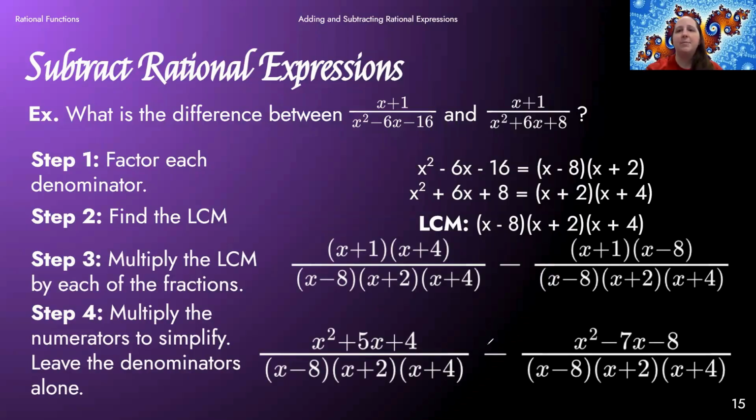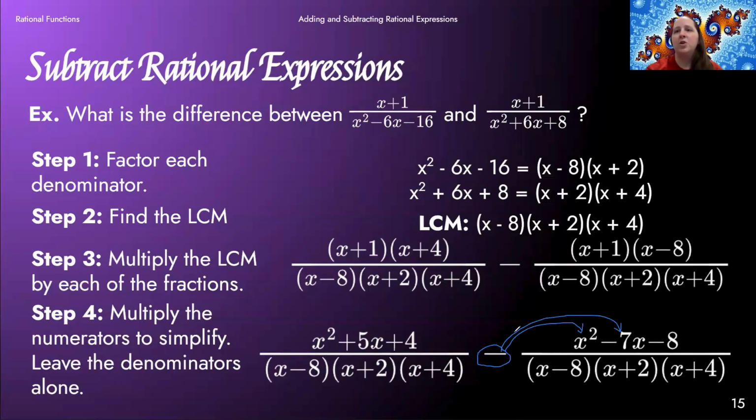Now with this step, you want to make sure that you distribute this negative sign to each of the terms in that numerator of the second fraction. So I want to make sure I get that minus x squared plus 7x plus 8 when I go ahead and subtract these from each other.